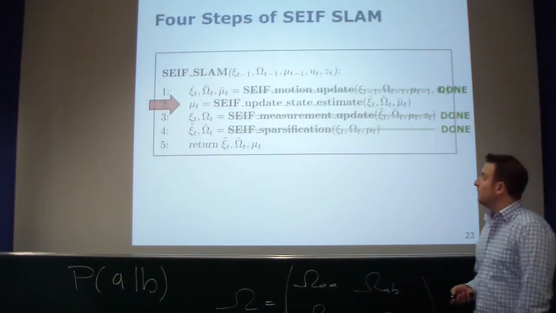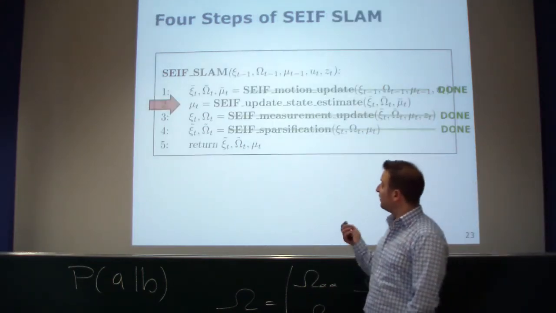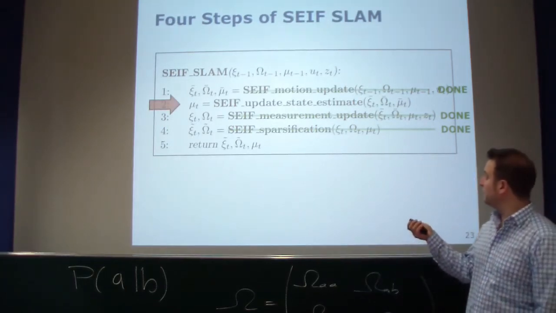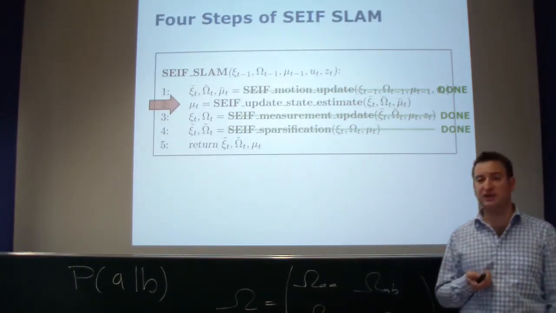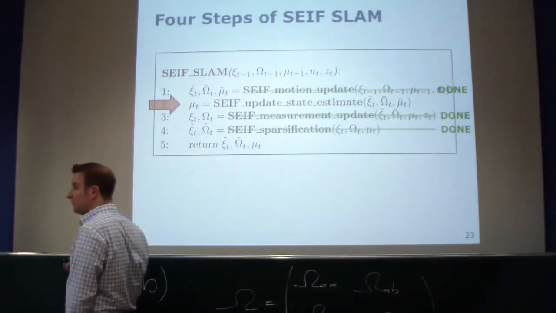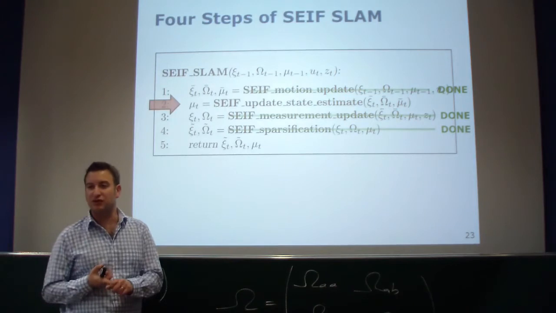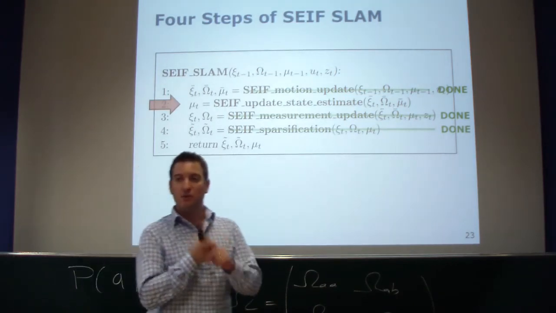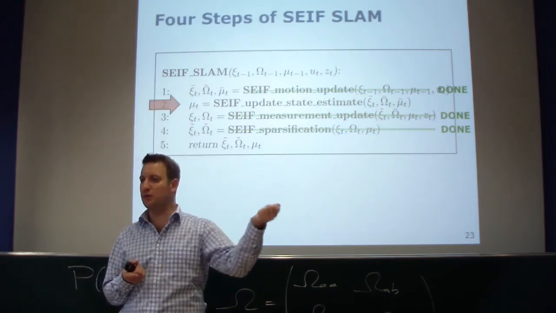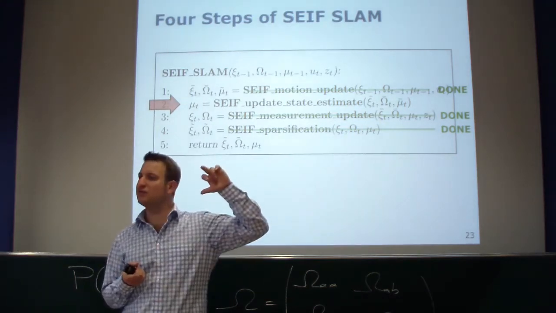Okay. So again, we have the four steps of the sparse extended information filter, and the only thing missing is the update of the mean. As I said before, the problem is the mean was needed for a couple of operations. We needed it in the motion update step to apply the motion function, the motion equations, because we needed to know where the robot is, at least the first three dimensions of the mean, x, y, theta.